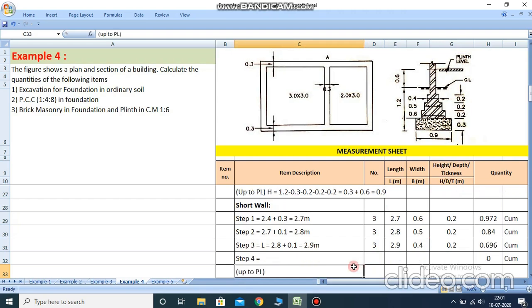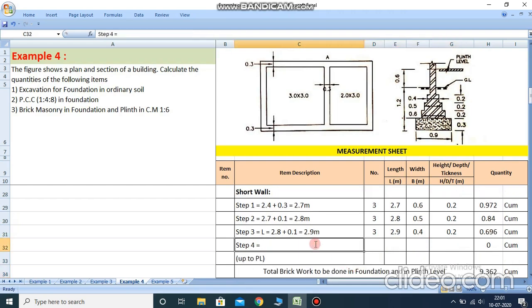Now step 4, total length is equal to 2.9 plus the difference between the third step and fourth step, a difference of 0.1. So write here 0.1, equal to 3 meter. Clear? So 3 meter here total length.